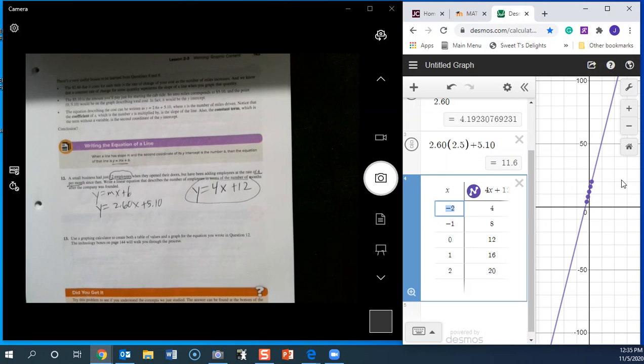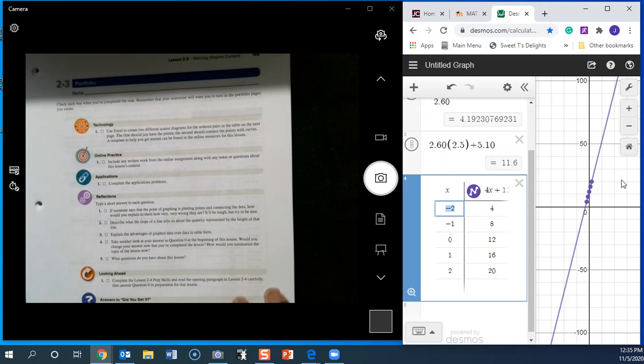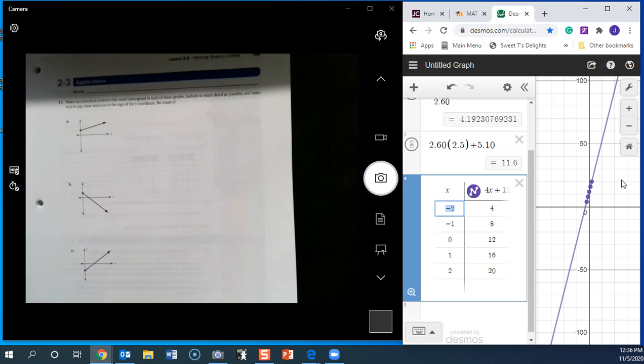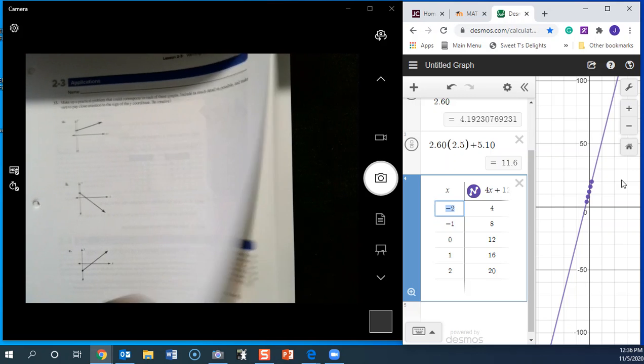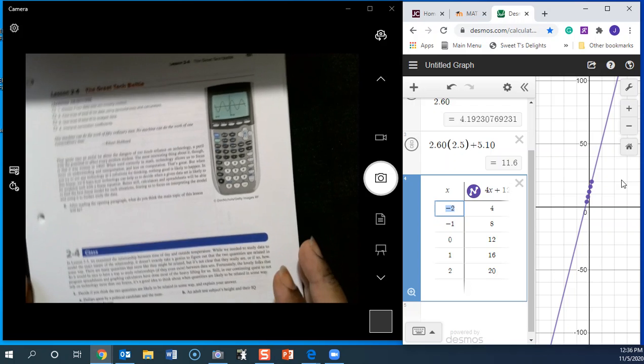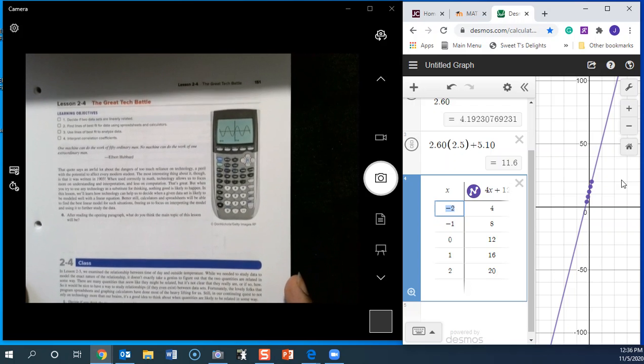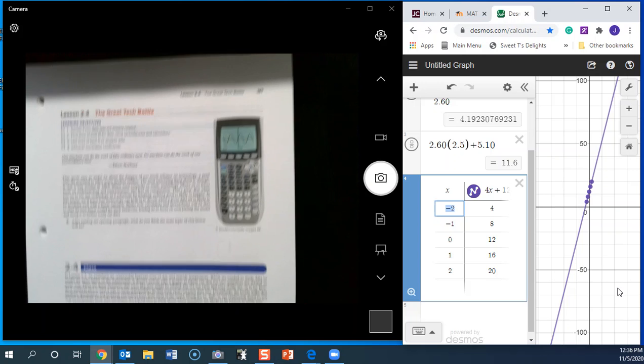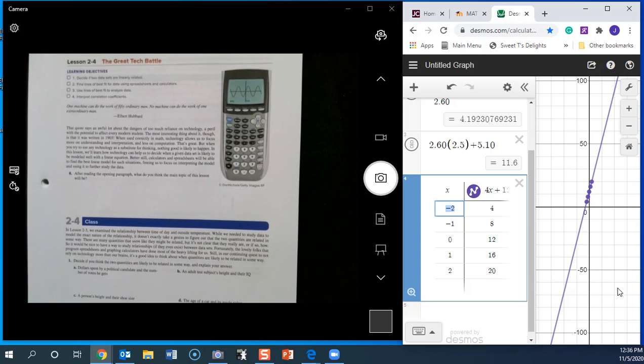Now that that is taken care of, we're going to move on to section 2.4, and that is on page 151. Now, it says here on page 151, lesson 2.4, our title is The Great Tech Battle.